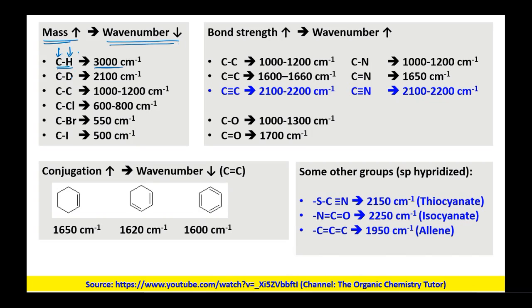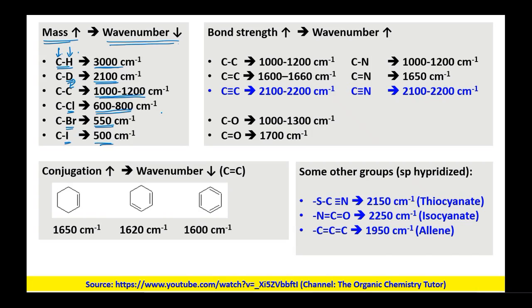If we replace this H with D, which has a higher mass, then the stretching comes at 2100. Again, when we replace it with C, this CC stretching will be in the region of 1000 to 1200. When we replace C with chlorine, it comes down to 600 to 800 centimeter inverse. When we replace chlorine with bromine, it comes down to 550.